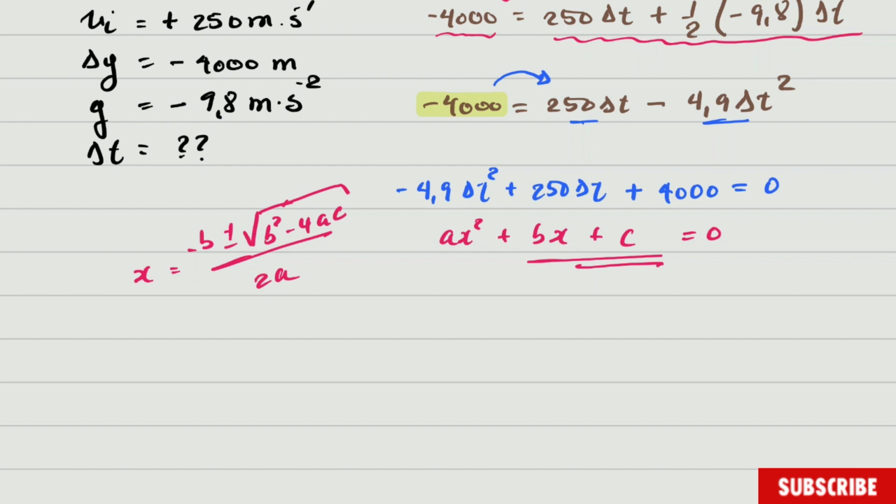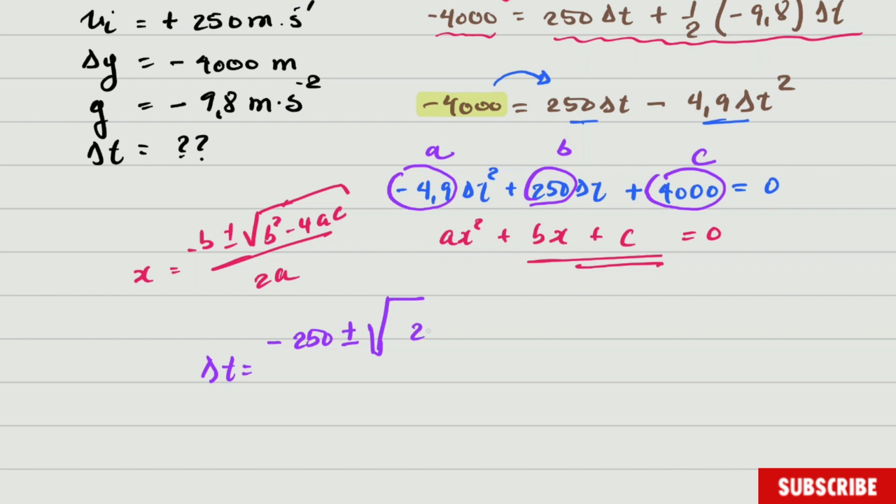So if we say that, we have that the minus 4,9, this one is a. We have that 250 is b. And we have that the positive 4,000 is c. Alright, so we are going to say delta t is equal to minus b, which is minus 250, plus minus square root of b squared, 250 squared, minus 4, I'm going to open bracket, for a is minus 4,9, be careful with the signs, bracket again, and c is 4,000.